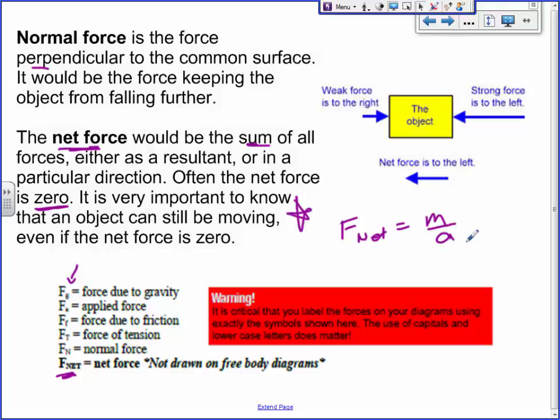Is that on your formula sheet in that orientation? Okay, so they rearranged it: a equals F net over m. You guys see how it's going to be the same formula if you just change the order around?